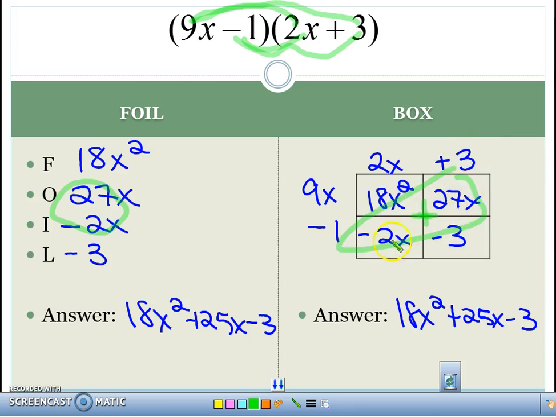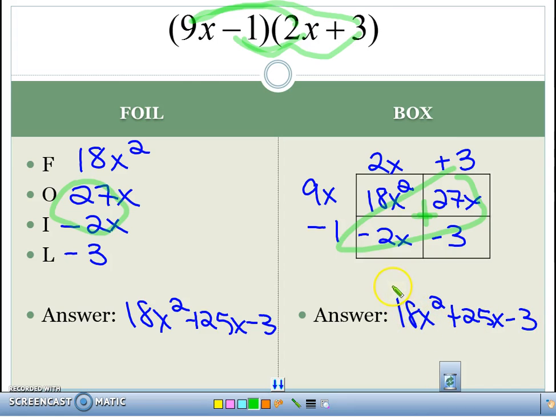You always combine like terms, this diagonal cross. So you're going to do negative 2x plus positive 27x, which is positive 25x. You just write the rest. 18x squared, positive 25x minus 3. And your answer is a trinomial.